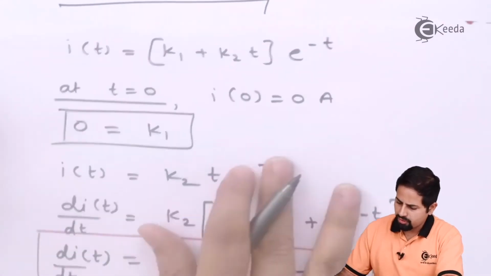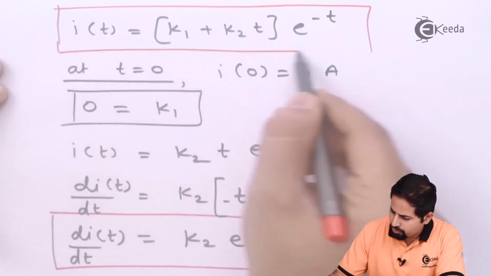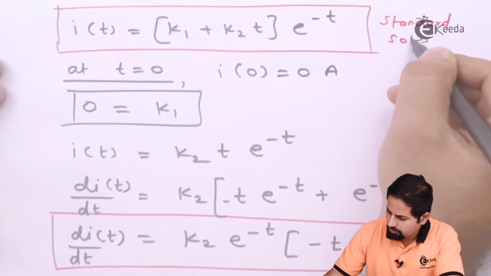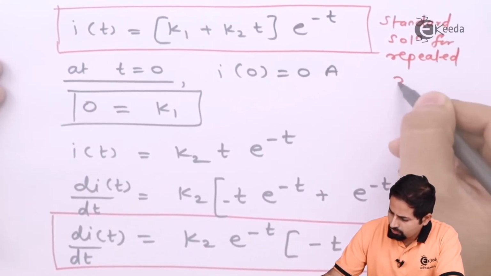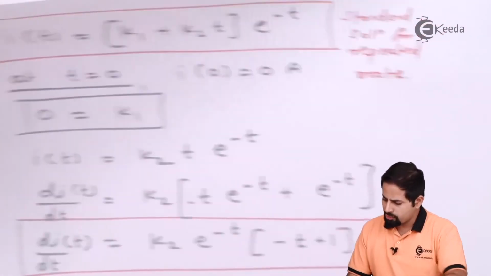So in this equation, the standard solution for repeated roots, we will put k1 and k2 values.